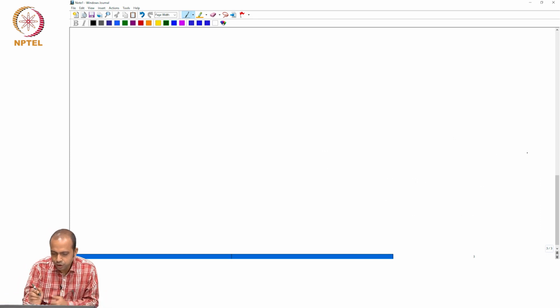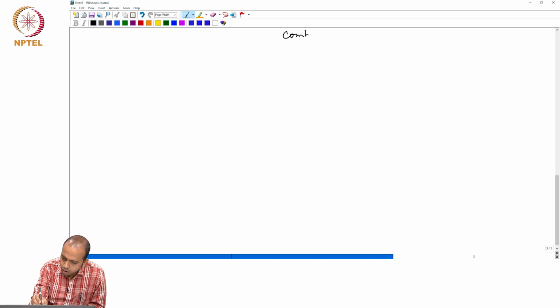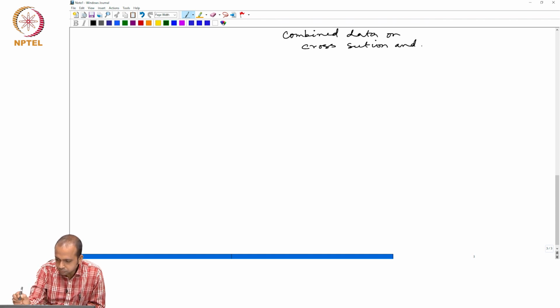When you have combined data on cross section and time series, there are basically two options.